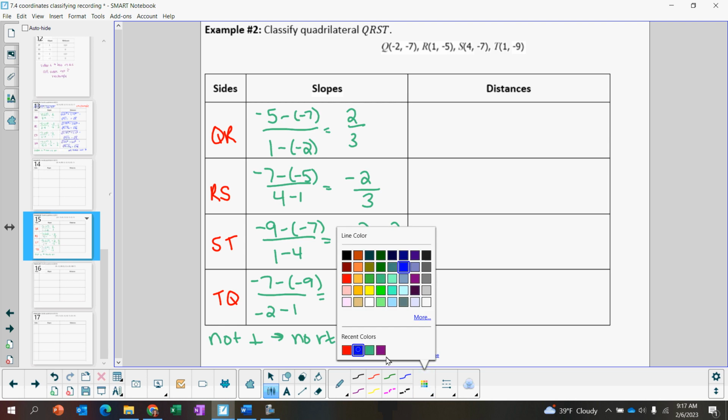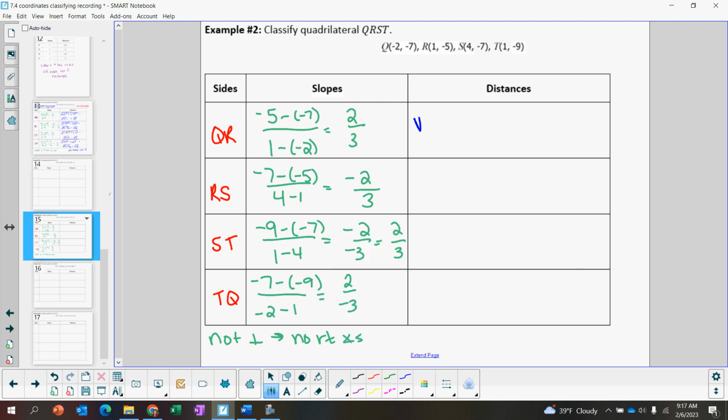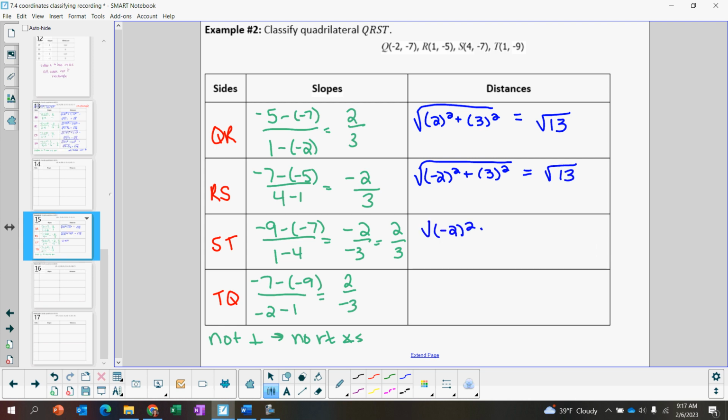So now we're going to take these numbers and put them into our distances. 2 squared plus 3 squared. 4 plus 9 is 13. Right, negative 2 squared and 3 squared. Another 4 plus 9, square root of 13. Negative 2 squared and negative 3 squared.